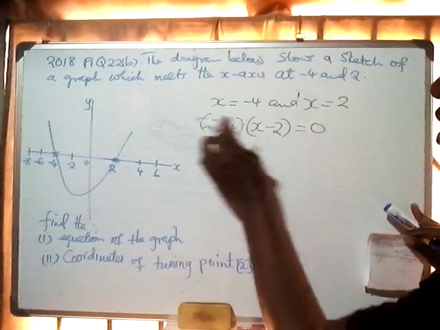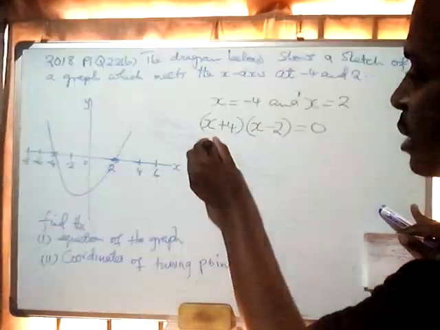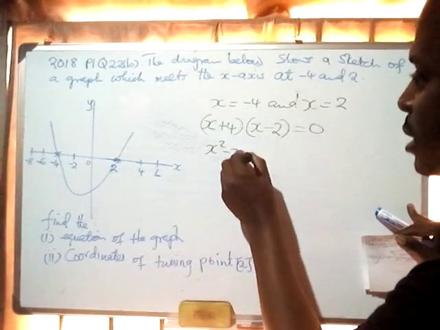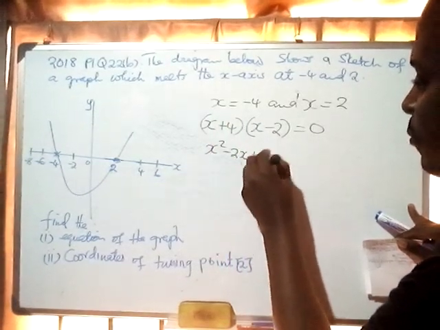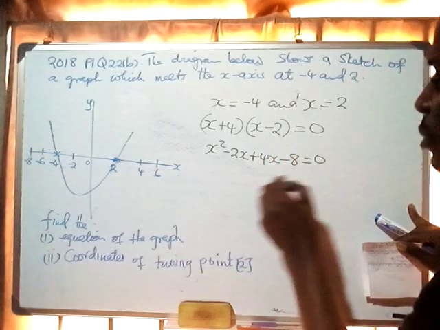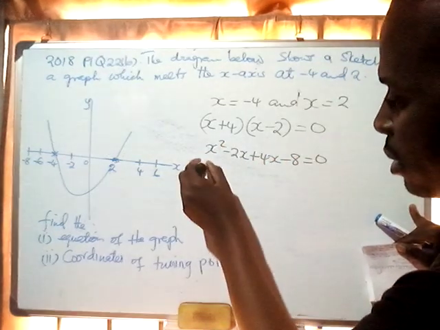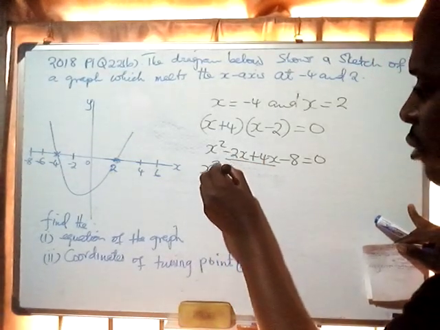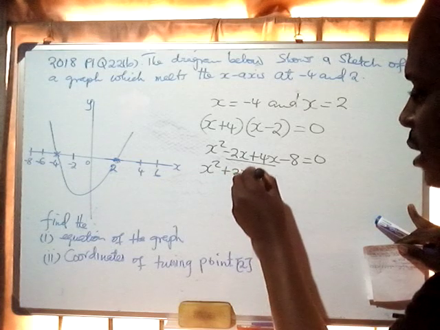Then now we expand these two. x times x, it will be x squared. This one times 1 to be negative 2x. There it will be plus 4x. Then minus 8 is equal to 0. It will be x squared. These two are like terms. We are going to have plus 2x.